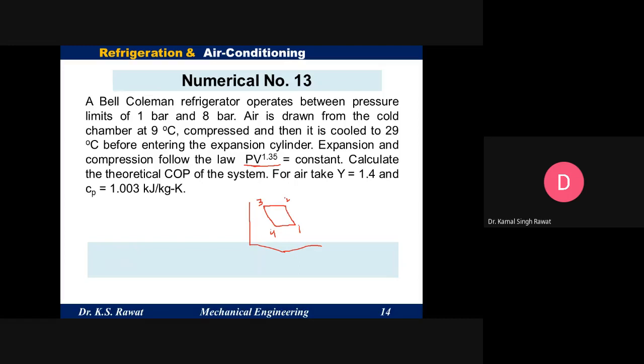If the compression follows PV to the power 1.4. What law is followed in compression? PV to the power 1.4 equals constant.